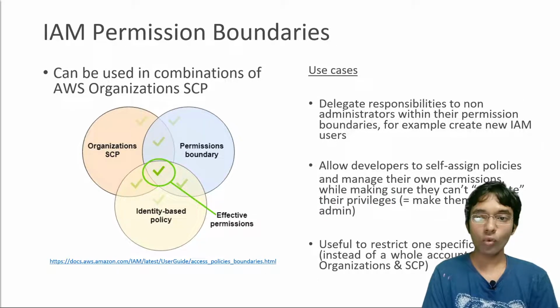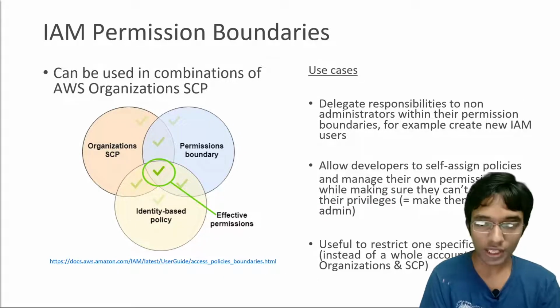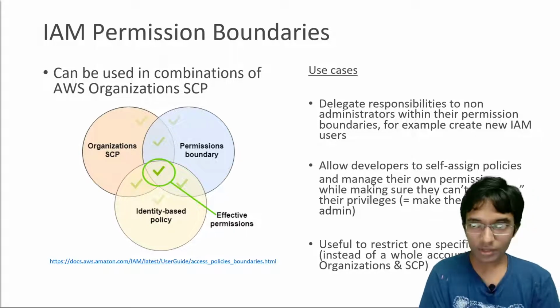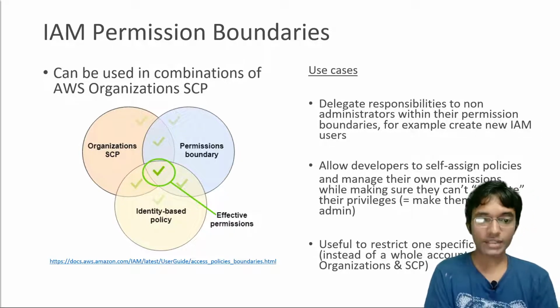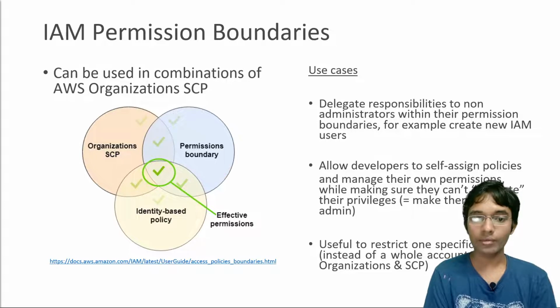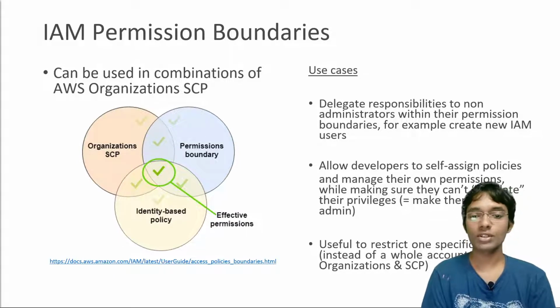IAM permission boundaries can also be used with AWS Organizations SCPs. If you look at the middle, we have the intersection of the SCP, the permission boundary, and the identity-based policy. You would use IAM permission boundaries when you want to delegate responsibility to non-administrators within their permission boundaries.